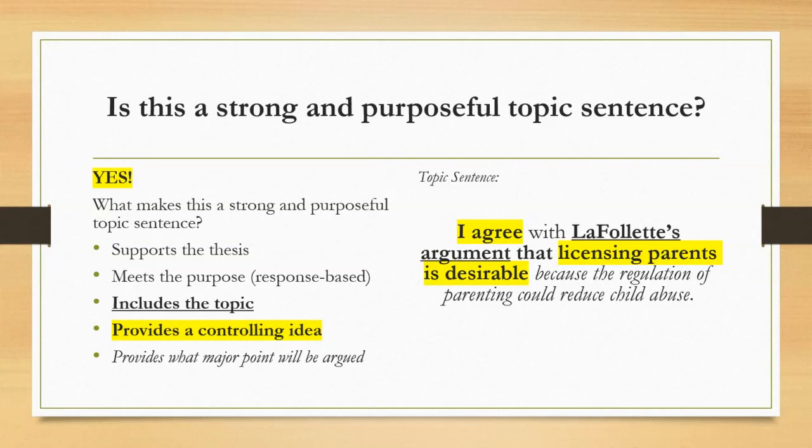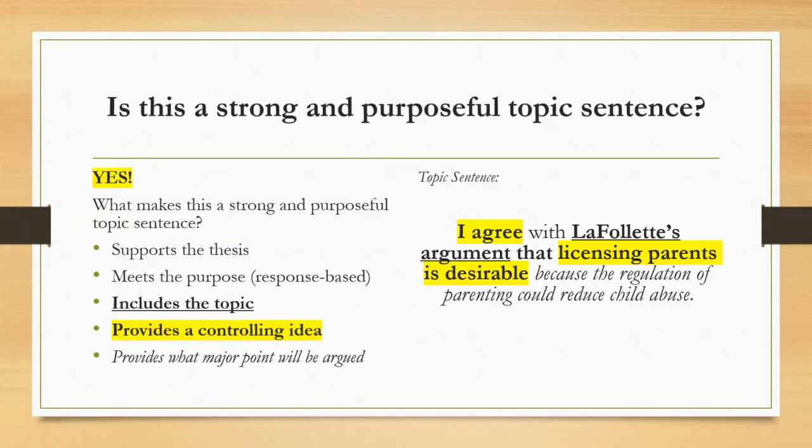So that part that's italicized, "because the regulation of parenting could reduce child abuse," is the part that we are developing in our body paragraph based on this topic sentence. So as we are developing that body paragraph, we know that what we need to provide for our reader is how regulation of parenting could actually reduce child abuse.